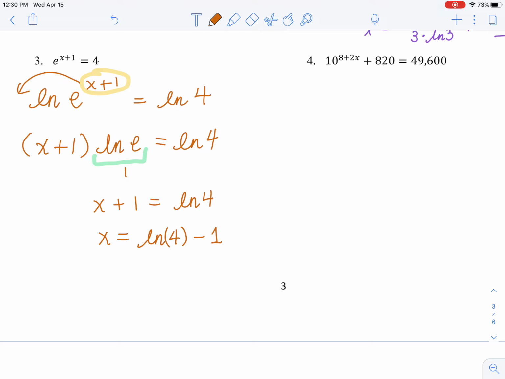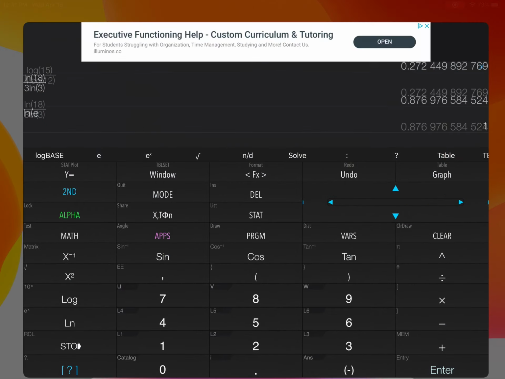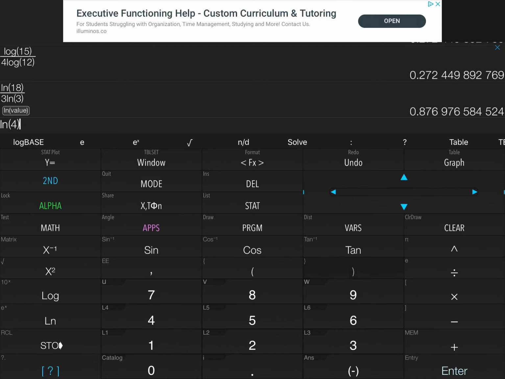Their domain is always all real, so I don't really have to check for solutions, unless I made a mistake in solving. Checking is always a good habit, but it's not required for exponentials. I want you to always check your answer for the logarithmic, but if you're solving exponential equations, you can skip the check.